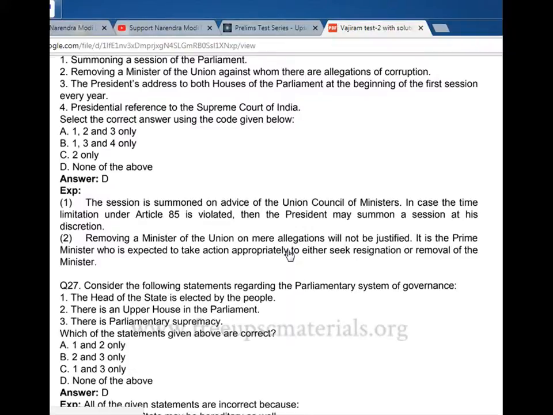The session is summoned on the advice of the Union Council of Ministers.